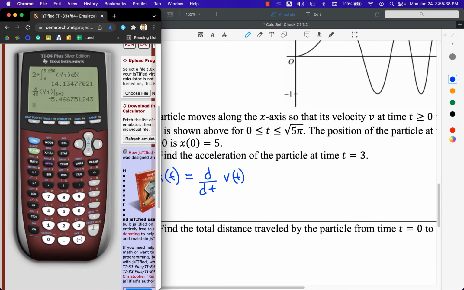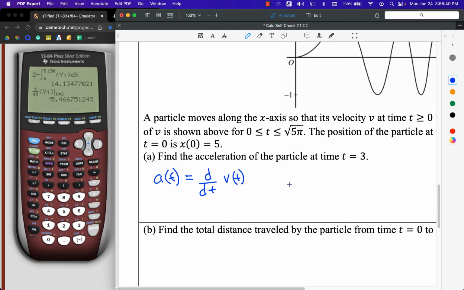And there's the answer. So how do we write that down over here? We basically want to say a of 3 is equal to, I'm going to rewrite all of this, and that's okay, d dt of v of t, in evaluation bar at t equals 3.